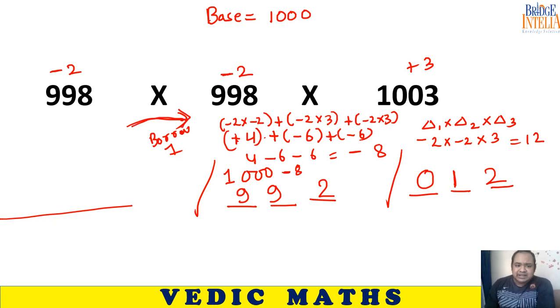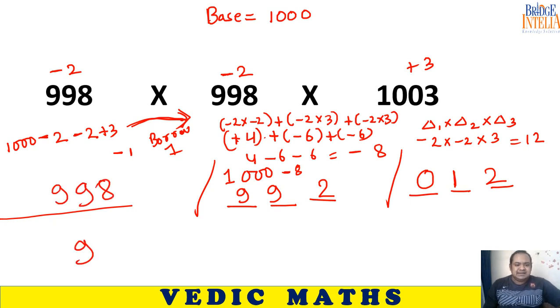Coming to the first chamber, you have already taken a borrow. So if you have already taken a borrow, that means minus 1 you have already done. Now base is 1000. First deviation minus 2, second deviation again minus 2, third deviation is plus 3, and this minus 1 you have done because you have given a borrow. So 1000 minus 2 minus 2 is 996, plus 3 is 999, minus 1 is equal to 998.